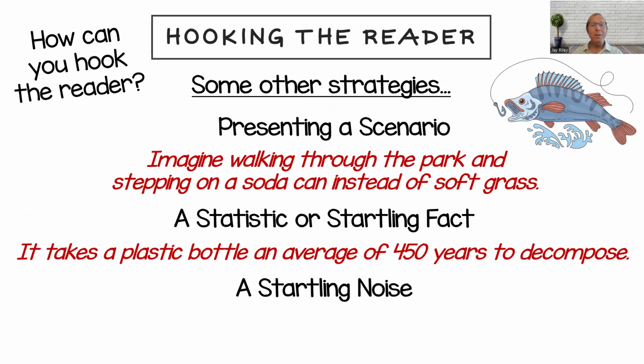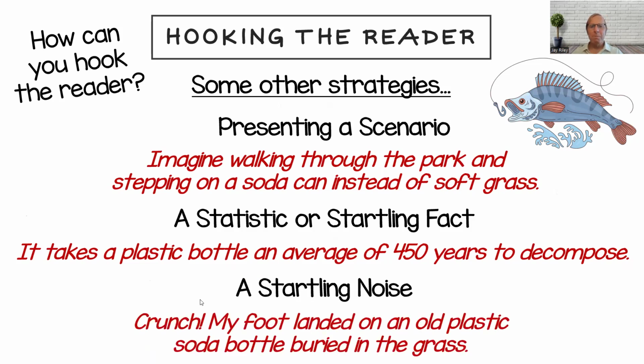Or we can use a startling noise. I love teaching onomatopoeia to my students. This might be a great strategy to incorporate into your writing workshop lessons if you're teaching onomatopoeia. Crunch! My foot landed on an old plastic soda bottle buried in the sand.